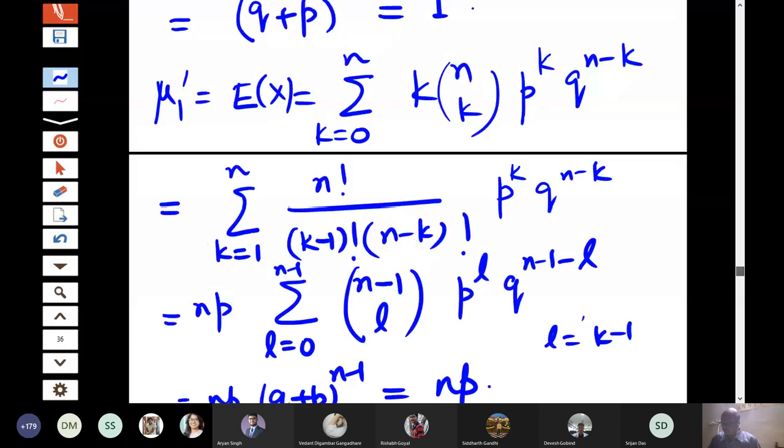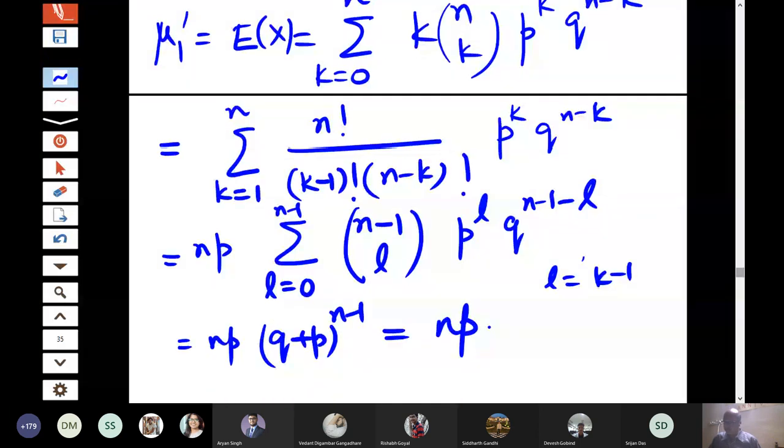Now, this way of writing down the calculations also gives you the idea how to calculate higher order moments. If I want to calculate mu2 prime, I will get k square here, and I will not be able to cancel that. So we resort to what I defined earlier as factorial moments. In place of k square, if I consider k into (k minus 1), then the calculation can be done easily.